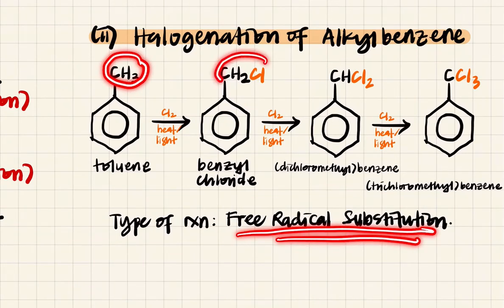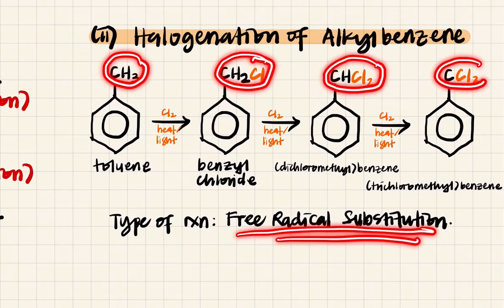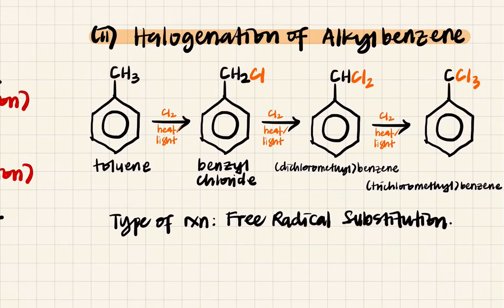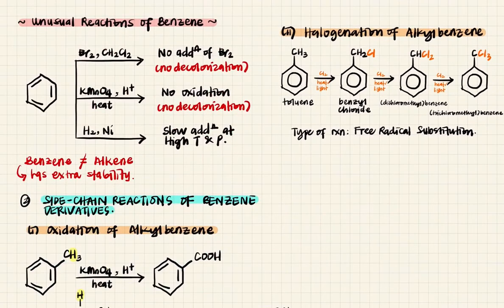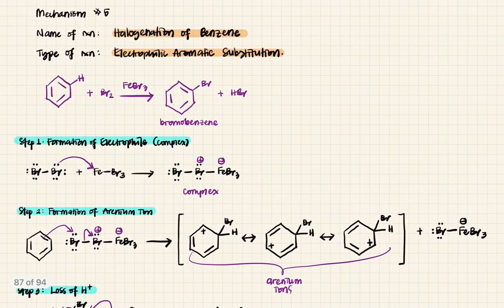Okay, so basically awak gantikan awak punya hydrogen with Cl lah, substitute. Okay, with Cl free radical. Okay, so itu ada dua je side chain reaction untuk alkyl benzene. Alright, okay.